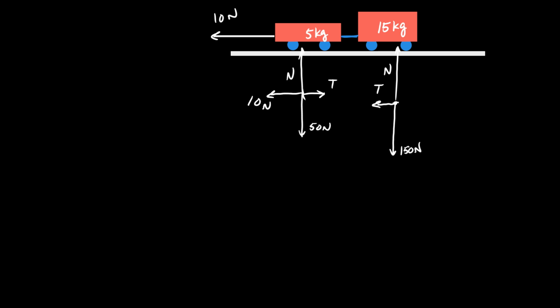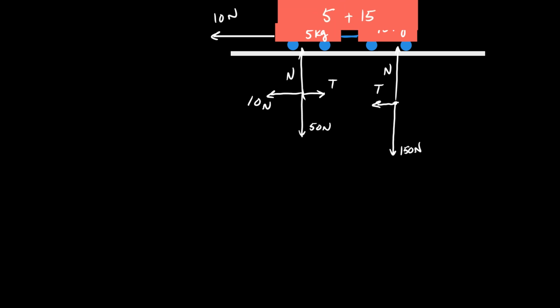I could skip a step and just treat it like one big box of mass 20 kilograms. I could treat it that way. The only reason I'm treating it separately is I want people to see that if we want to know what's going on internally, we do have to break it up into pieces.